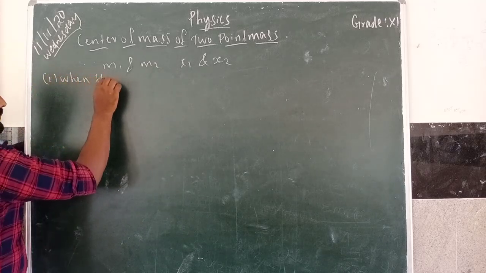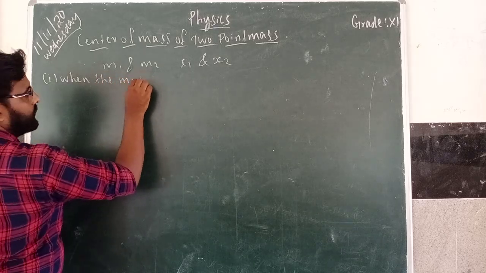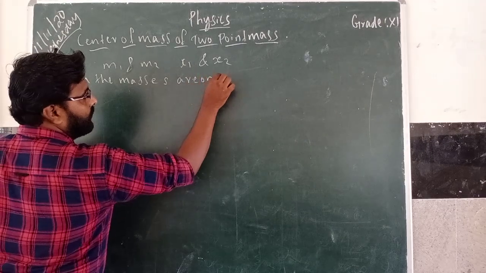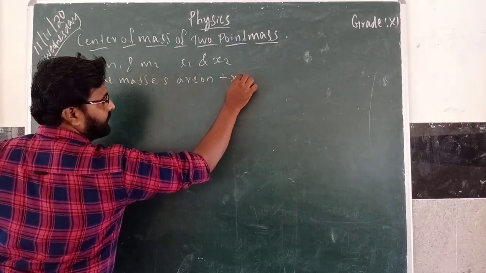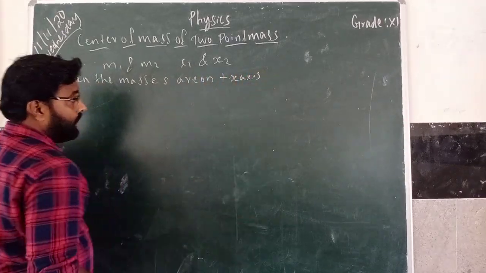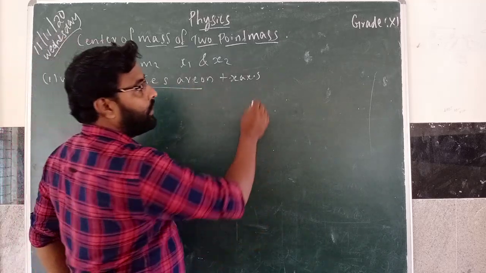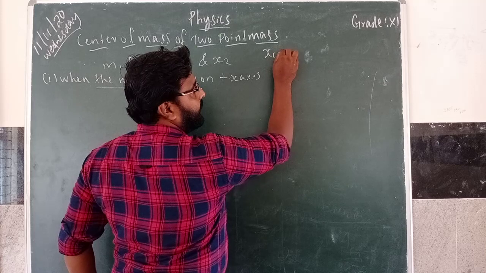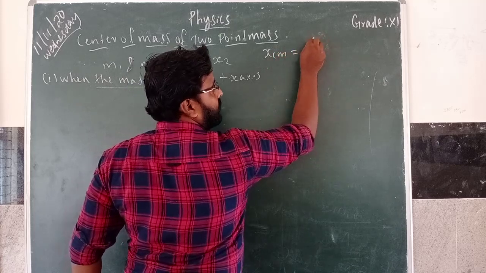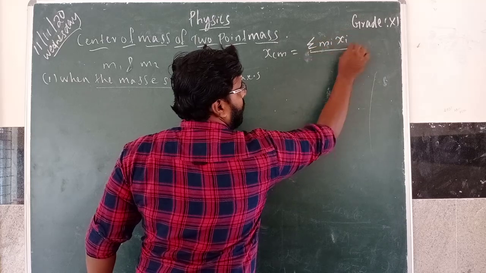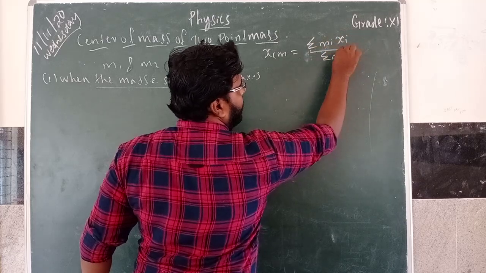When the masses are on the positive x-axis, we know the basic formula. What formula? xcm equal to sigma mi xi by sigma mi.